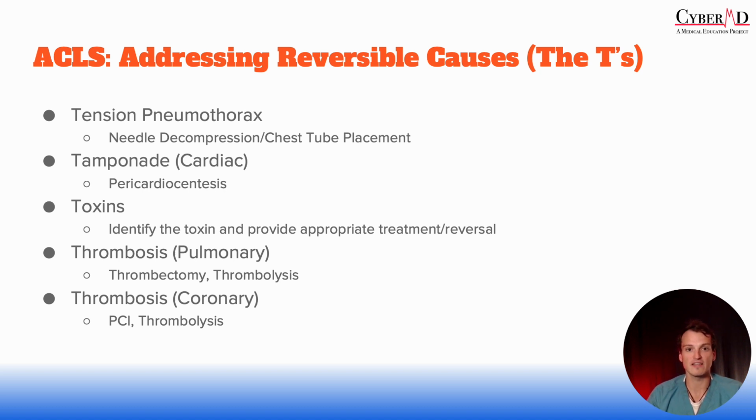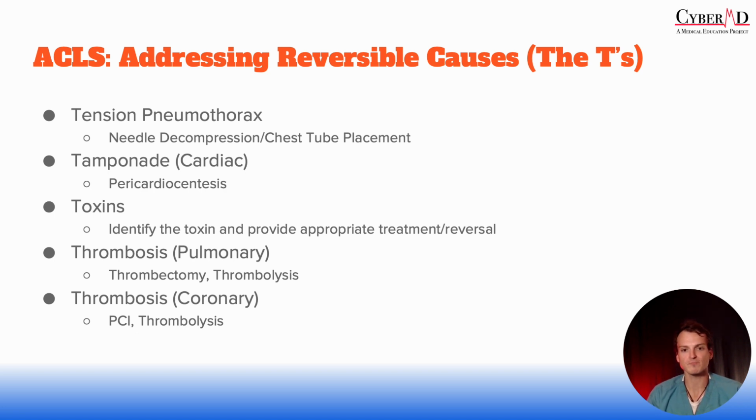You can see a lack of lung slide on ultrasound, or you can find a lung point. That might help you to identify that the patient has a pneumothorax. But again, remember, this is in the setting of tension physiology. So you can do a needle decompression, which may be done in the field if the EMS is able to identify this. And then you may also end up placing a chest tube on these patients to prevent recurrent pneumothorax from happening.